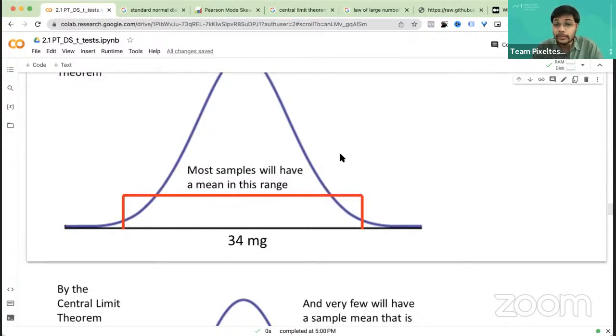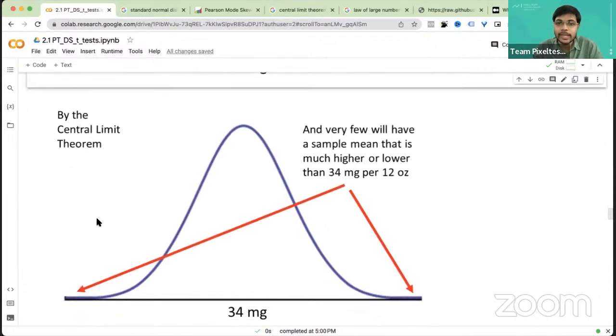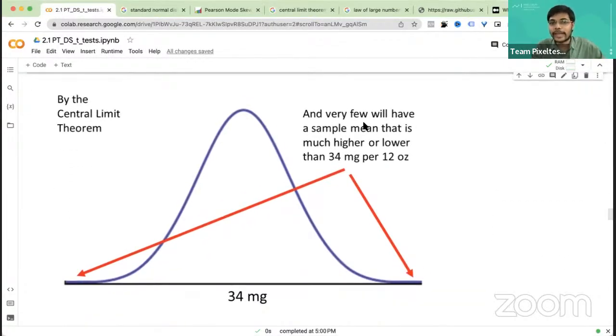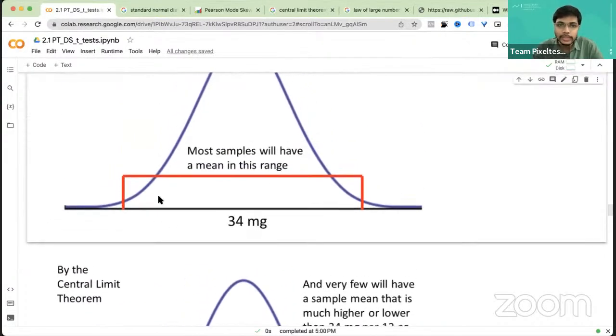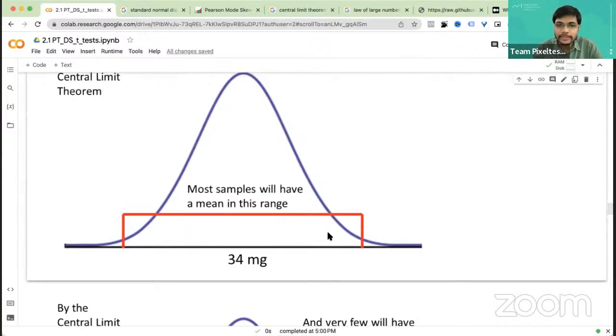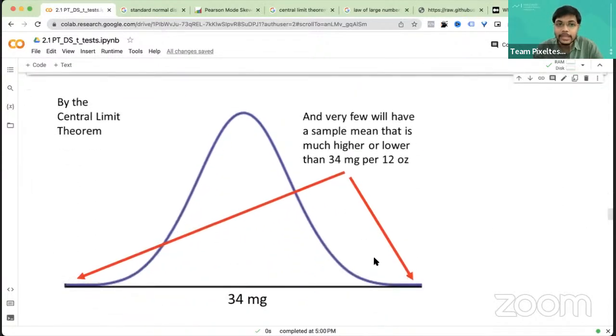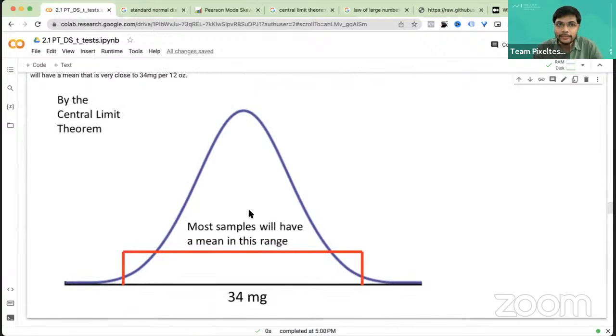So this was our confidence level, and this is where the significance level is, right? And very few will have a sample mean that is much either higher or lower than 34 mg per 12 ounces. So now we are trying to understand the confidence level and significance level by this graph, right?